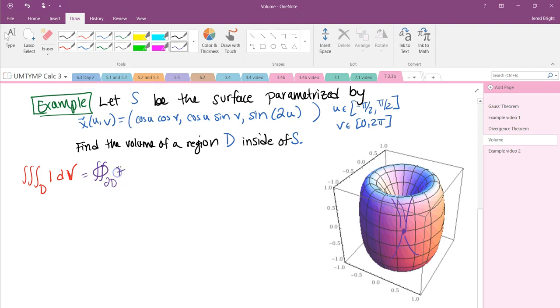F dot dS. To do this, this is where the process can get a little lengthy. You need to find your tangent vectors.